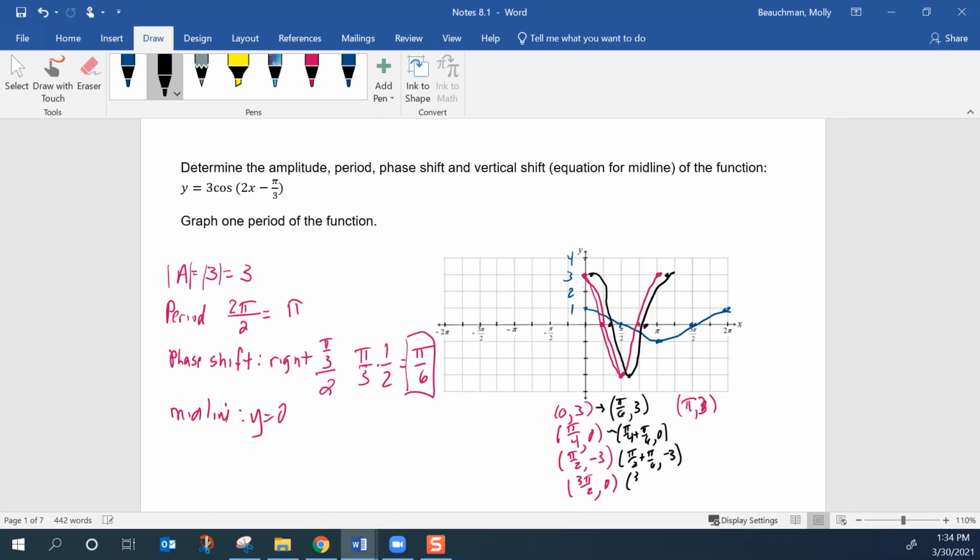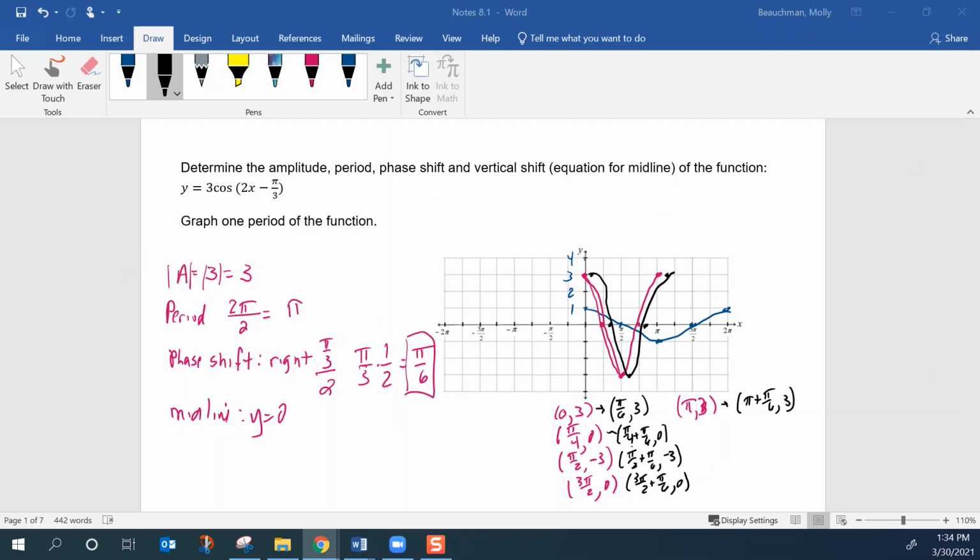Next point, 3 pi over 4 plus pi over 6. And the last point would be pi plus pi over 6. And again, it's just adding fractions. So you would add fractions, get a common denominator. Pi over 4 plus pi over 6, your common denominator would be 12, to get your key points if you need them.